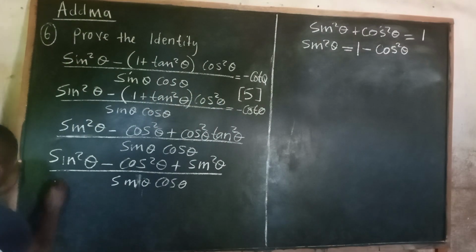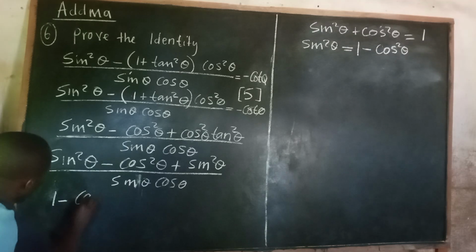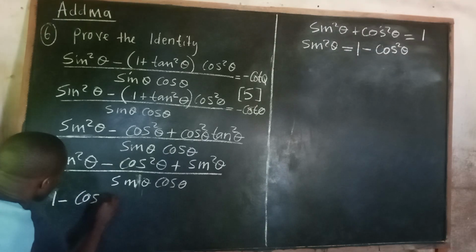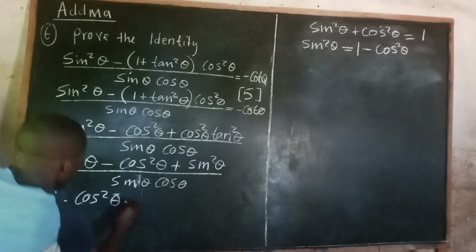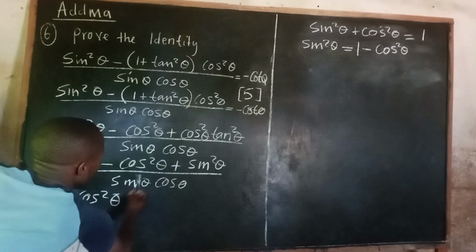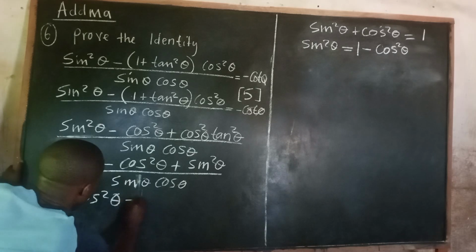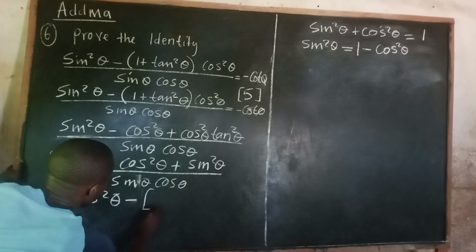Okay, so 1 minus cos theta squared, which is this one, then minus. Remember here we are going to say minus, then we open the bracket.